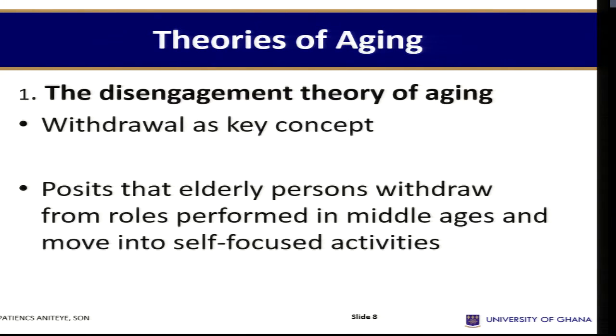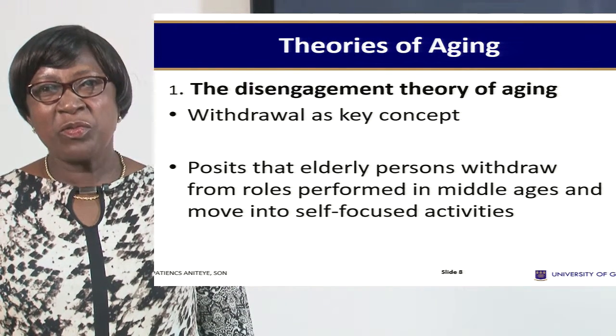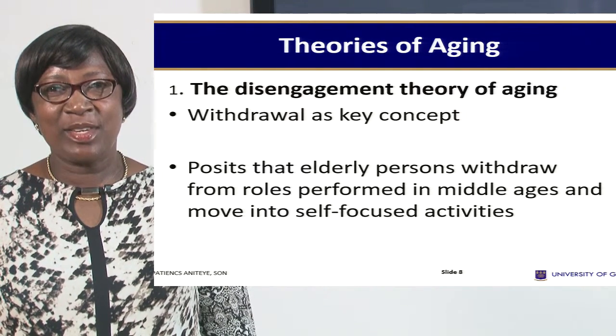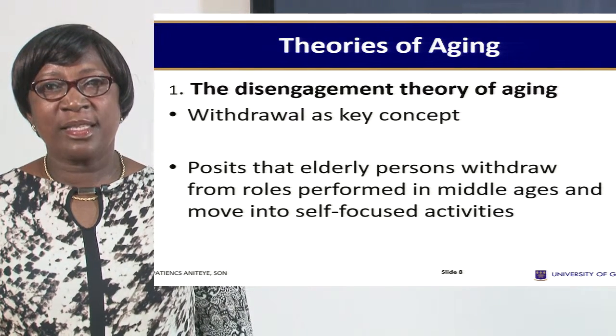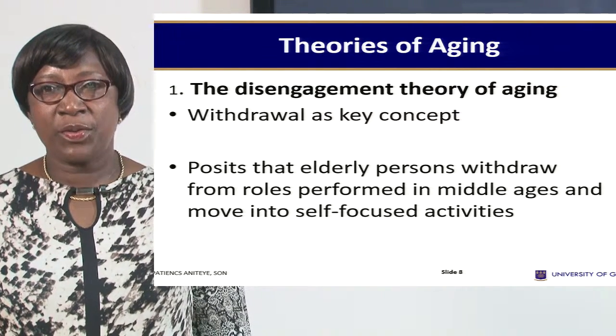We are now looking at the disengagement theory of aging. In this theory, withdrawal is a key concept. Who withdraws from what? That is the interesting question you need to ask. Withdrawal is said to be important in the disengagement theory of aging.